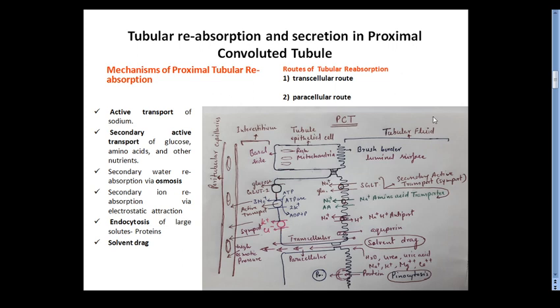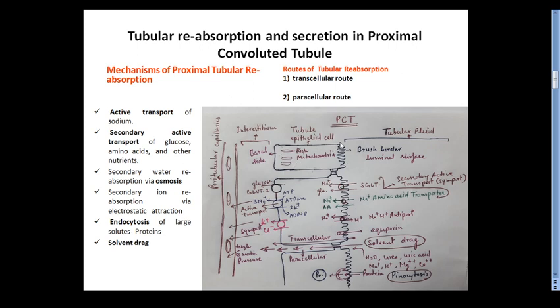In this picture you can see the tubular fluid, and this is the tubular epithelial cell. Just adjacent to this there is the interstitium, and adjacent to this there is a peritubular capillary. The filtrate which passes through the tubule comes in contact with the epithelial cell lining of the tubule.